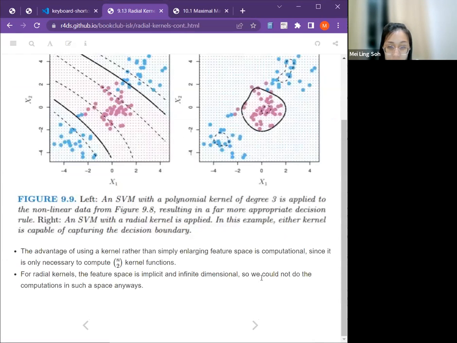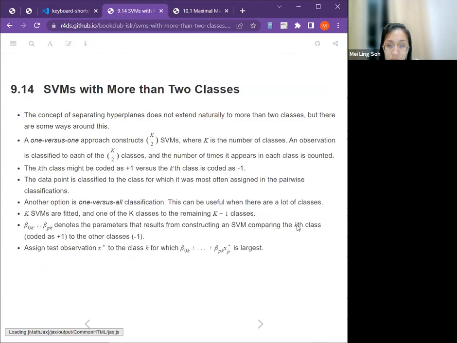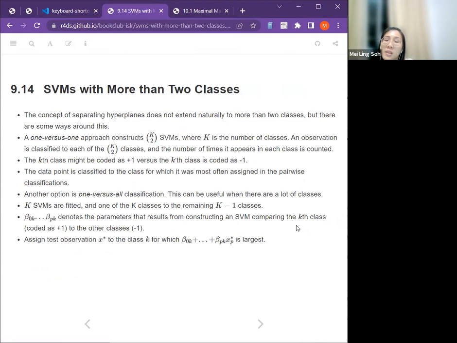Next, we have only talked about binary classes, yes or no. Is it possible to have a support vector machine with multiple classes, meaning more than two classes? They have two approaches. One is the one-versus-one approach, where you construct the support vector machines over each pair of classes.